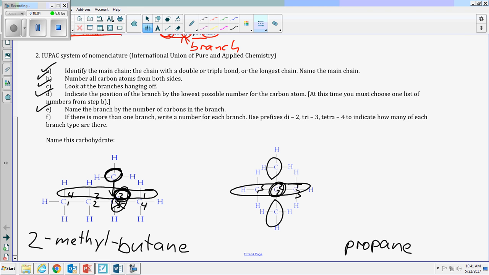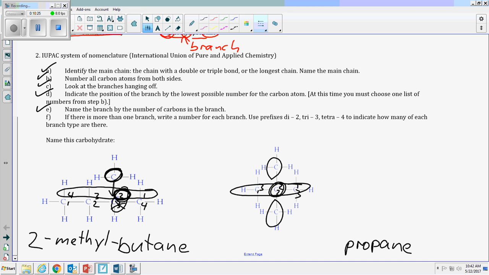Now we have to look at this last piece of information. It says if there's more than one branch, write a number for each branch, a location for each branch. And if you have the same branch type more than once, you indicate that with the prefixes di, tri, tetra, and so on, to indicate how many of each branch type you have.